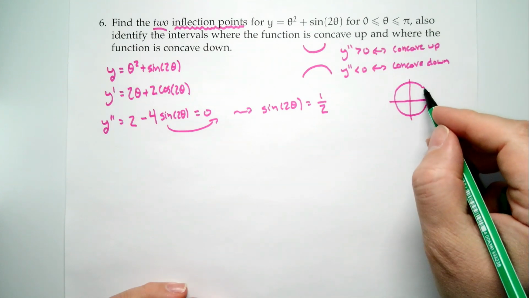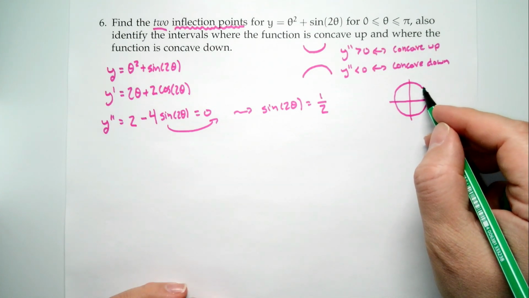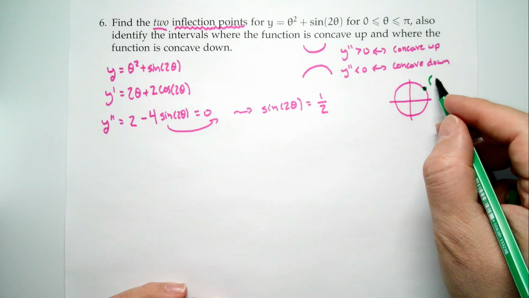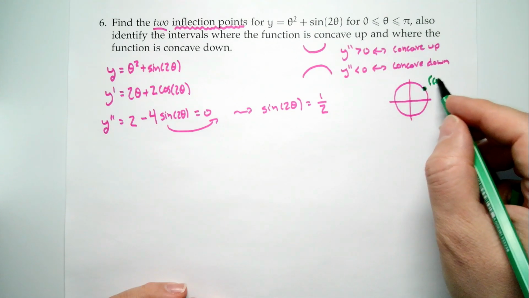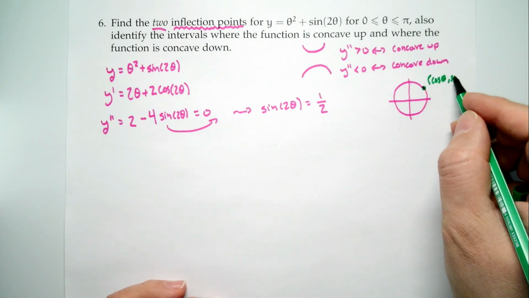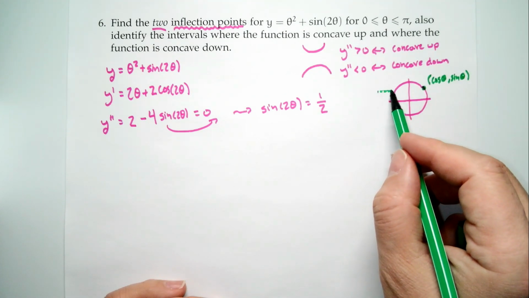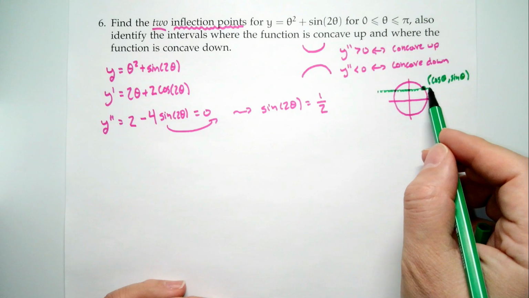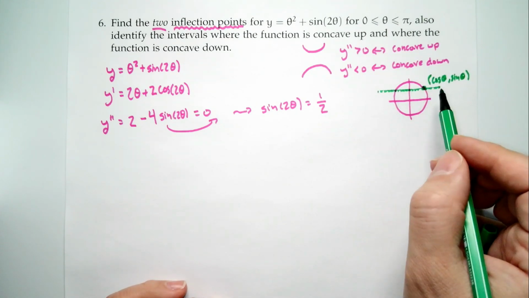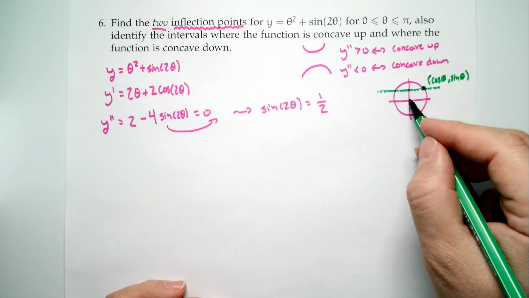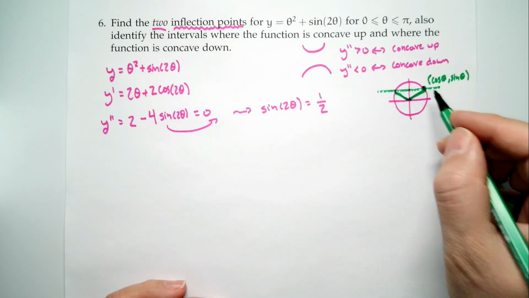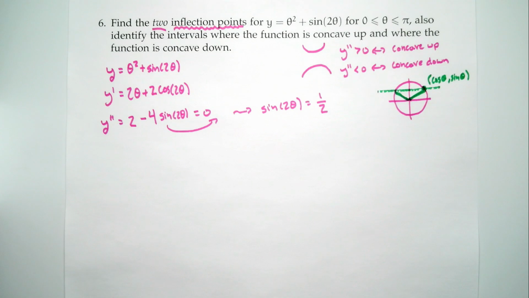So if I were to pick a point here, then the x would be the cosine of your angle, and y would be the sine of your angle. So when I'm saying I want sine to be a half, I'm saying I set my y value equal to a half, so I'm looking for these angles here. That's when I get sine is a half.